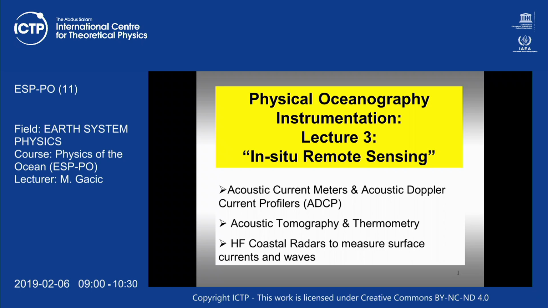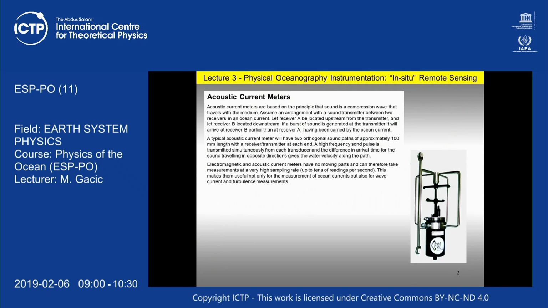You will see later on that these HF coastal radars are very nice tools to do high resolution measurements, on the order of a kilometer or even less. It depends on the frequency of these coastal radars which has been used. But we will talk about it further.